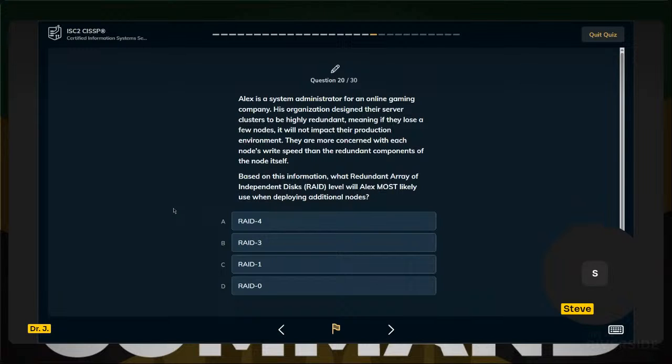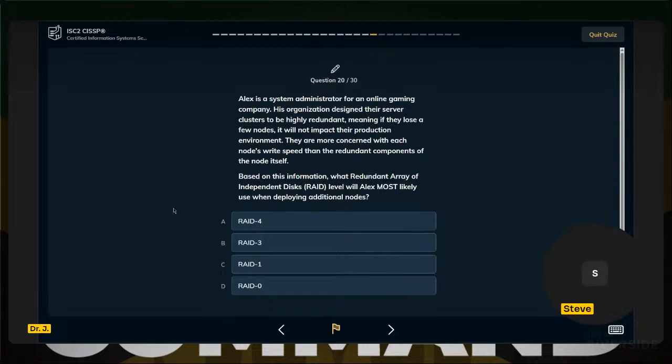Alex is a system admin for an online gaming company. His organization designed the server clusters to be highly redundant, meaning if they lose a few nodes, it will not impact their production environment. They are more concerned with each node's write speed than the redundant components of the node itself.